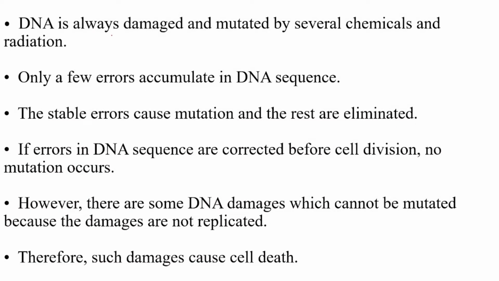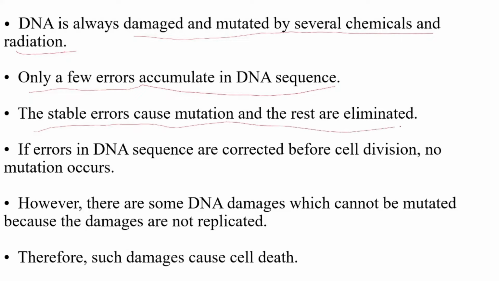DNA is always damaged and mutated by several chemicals and radiations. Of course, chemicals and radiations will do several damages to DNA, and the risk of mutations is higher. Only a few errors accumulate in the DNA sequence. The stable errors cause mutations, and the rest are eliminated. This is DNA. These are the damages in the DNA.